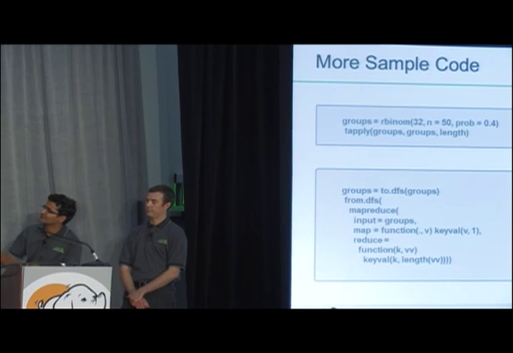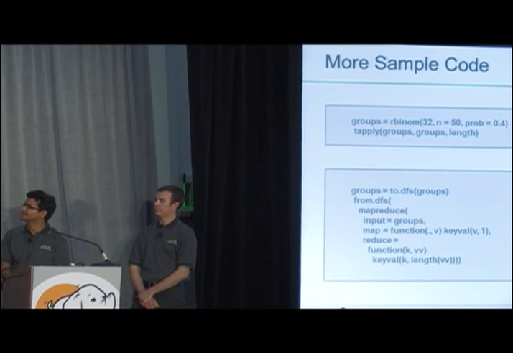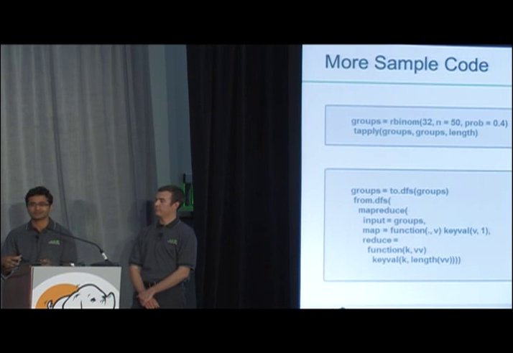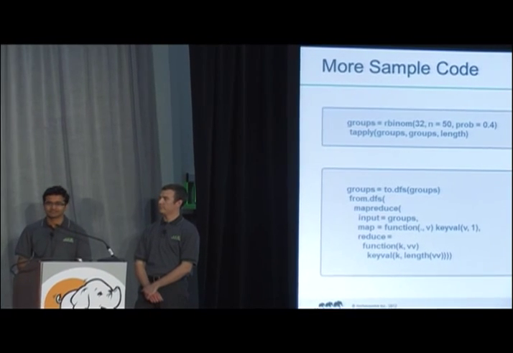On the Hadoop side, what we have at first is a to.dfs. Since our Hadoop cluster runs a MapReduce job, the data needs to be accessible to each node on the cluster. We are putting the data into the cluster using to.dfs.